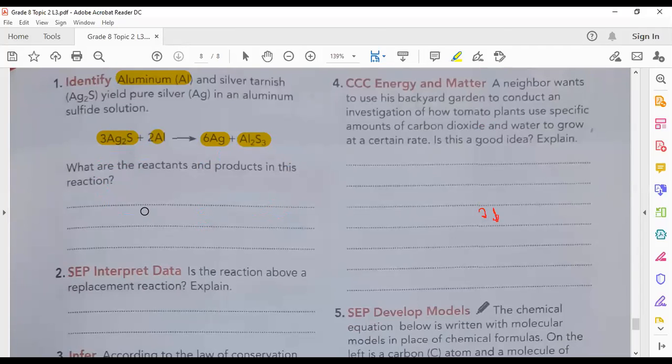Two elements traded places. Actually, no, they do not change places. In this case, just aluminum replaces silver. Thank you, Nisreen. I told you it's not necessary that two atoms must exchange places. Sometimes in a replacement reaction, one element replaces another.